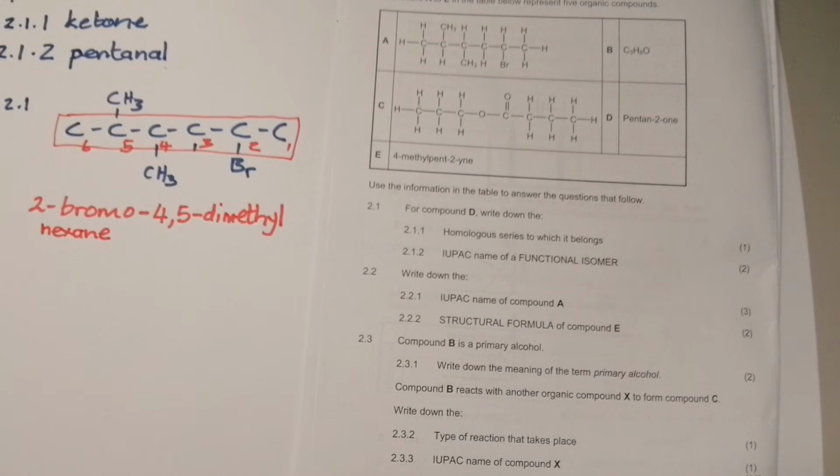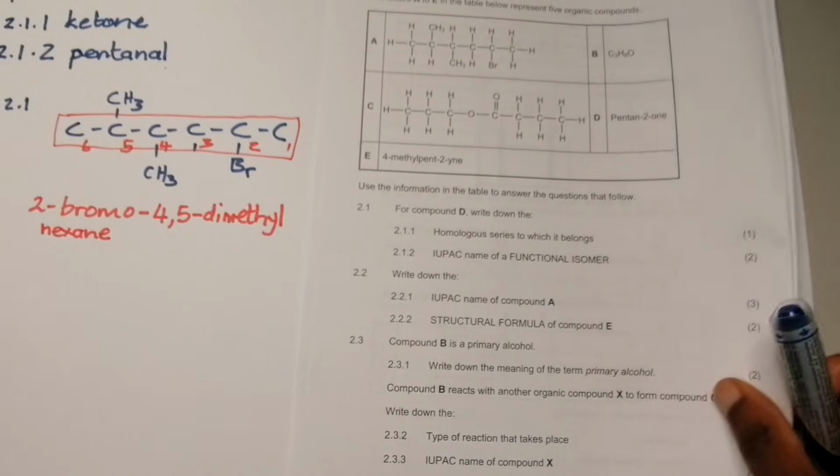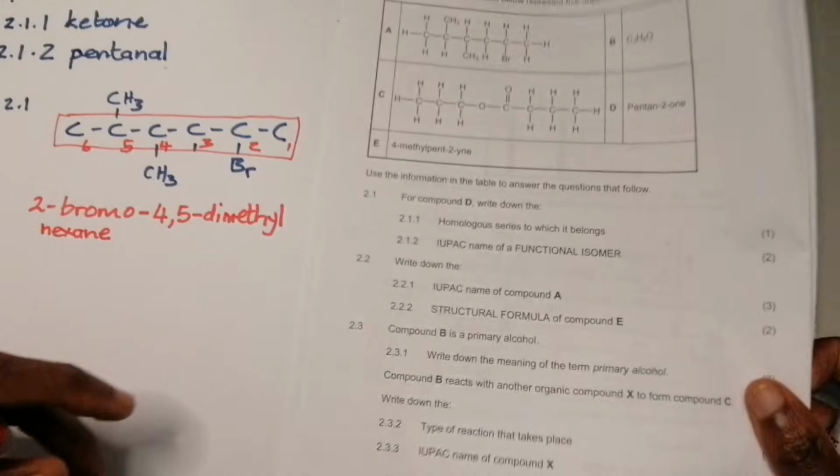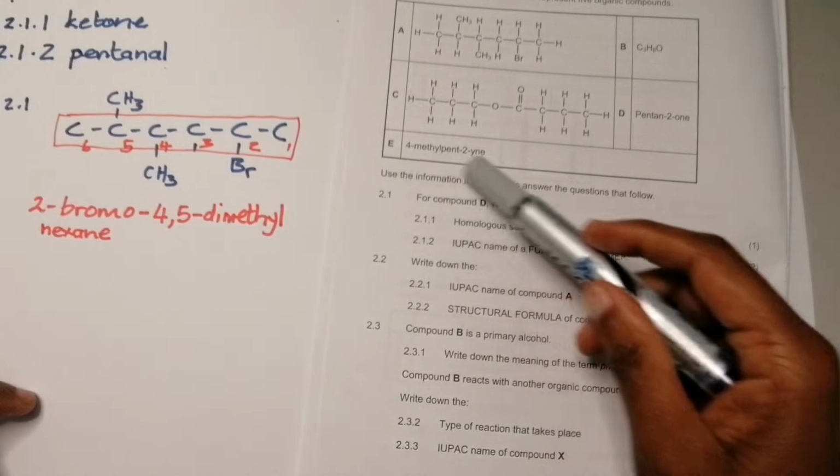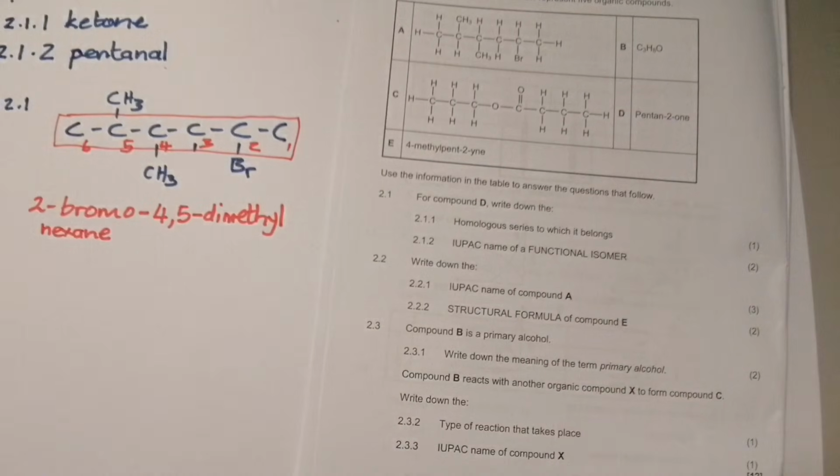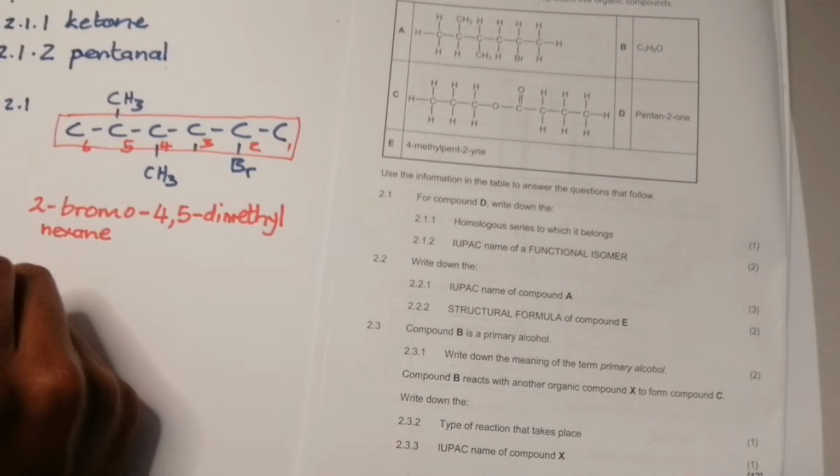Awesome. And then the next question, they say write down the structural formula of compound E. They gave you the IUPAC name, and they want the structural formula of it. So let's see how we get from name to structural formula.